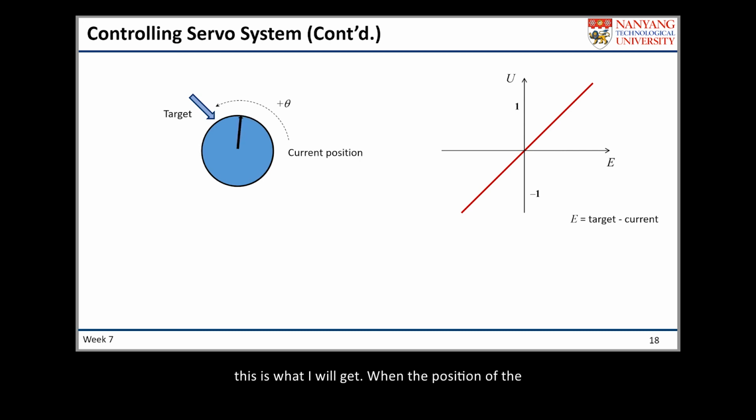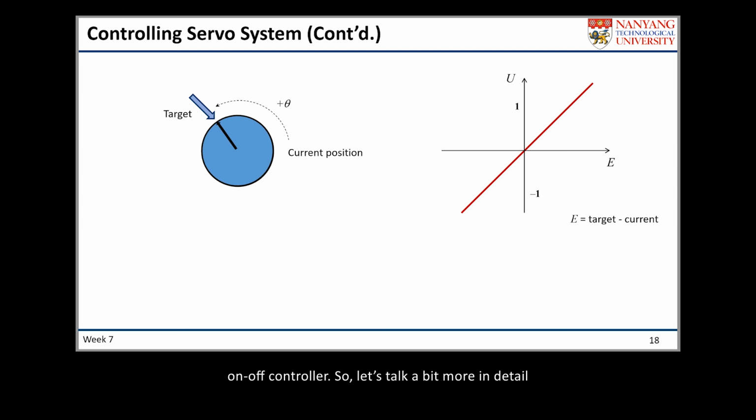When the position of the shaft is about to reach the target, the speed is getting slower, slower, and slower until it reaches the target, and then I stop the motor. Okay. Apparently, it works the best compared to the previous on-off controller.